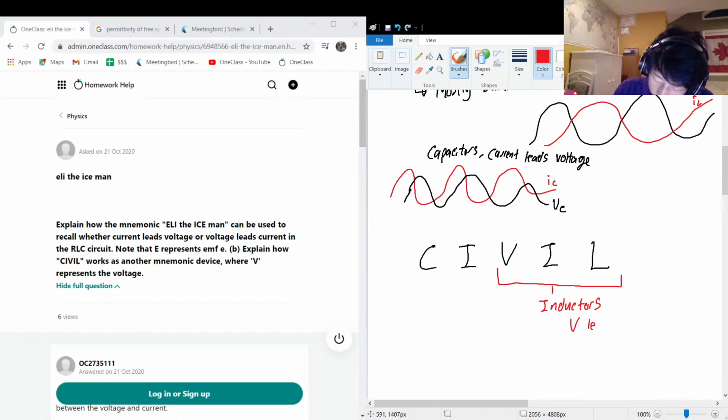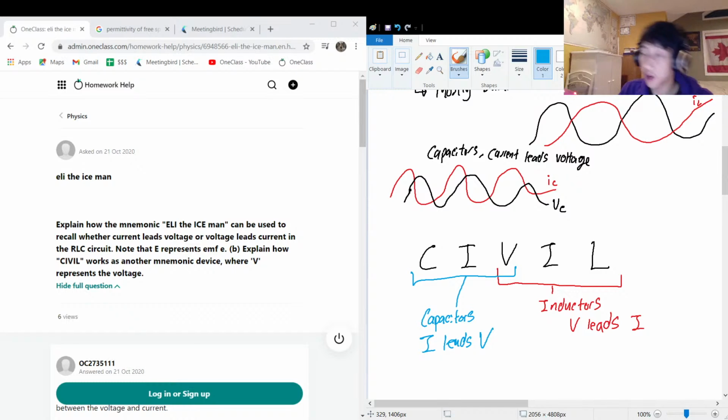V leads I. And for capacitors, let's make them blue. I feel like capacitors kind of got some blueness in them. Capacitors: I leads V.